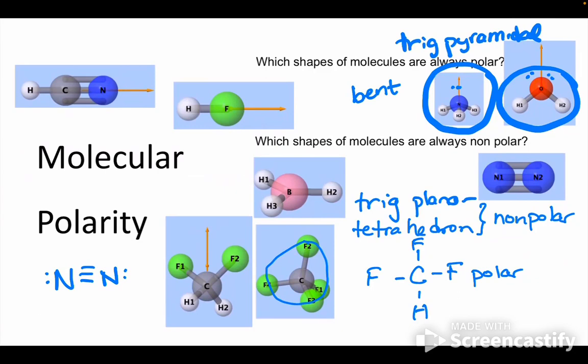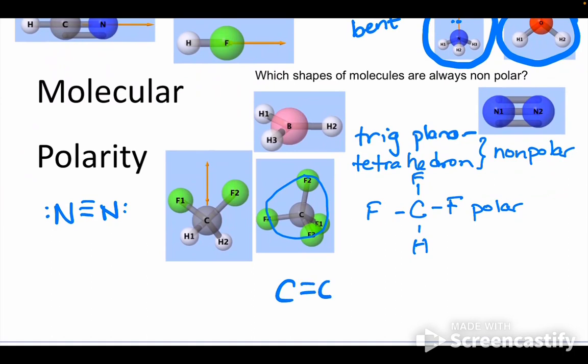But if you have carbon dioxide, this is nonpolar also because of the symmetry of the molecule. If you have a bond dipole, like if the oxygens are each pulling on those electrons, essentially it cancels out.